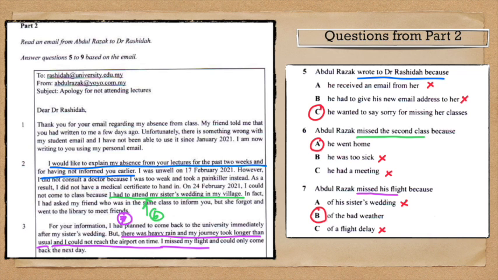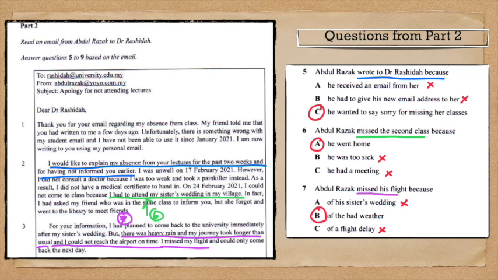Paragraph 3, right? For your information, I had planned to come back to the university immediately after my sister's wedding, but there was heavy rain and my journey took longer than usual, and I could not reach the airport on time. I missed my flight and could only come back the next day.